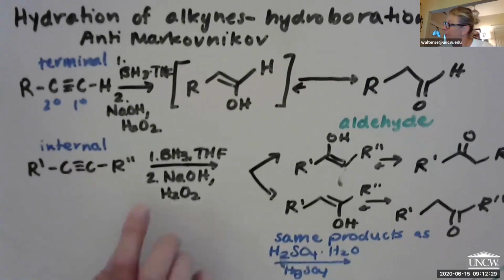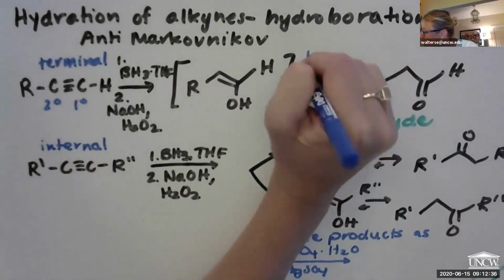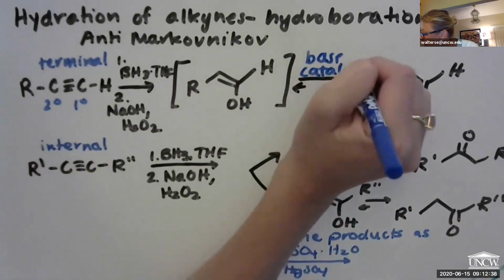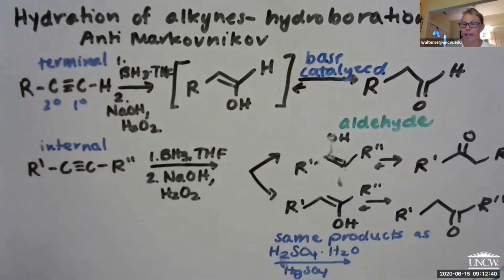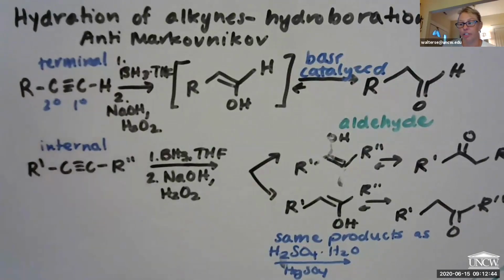Okay, so this tautomerization is base catalyzed, and we're going to do the mechanism for that. And I'm going to erase the formation of the ketones unless there are any questions.